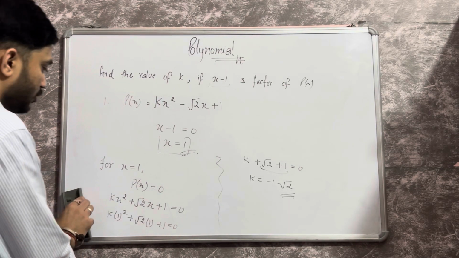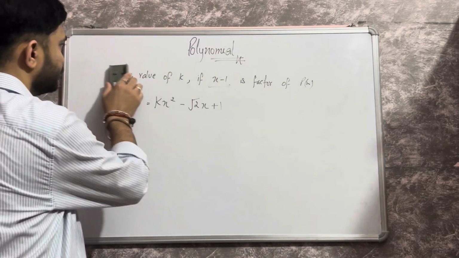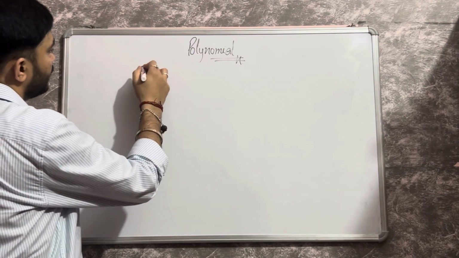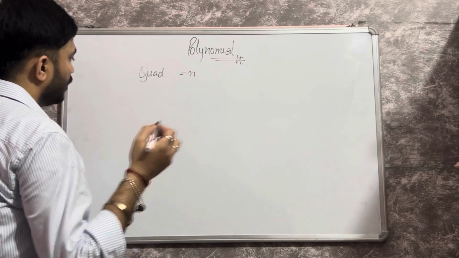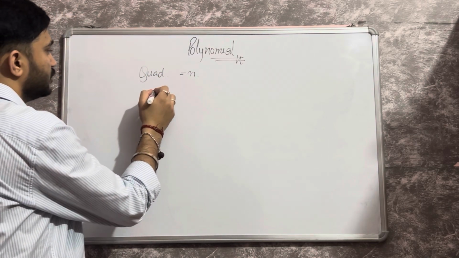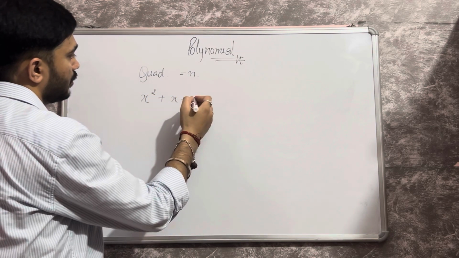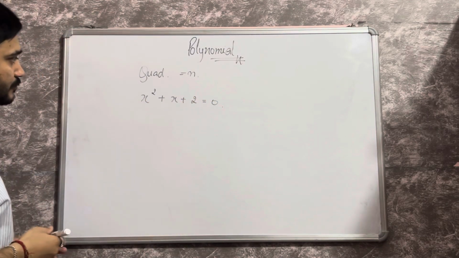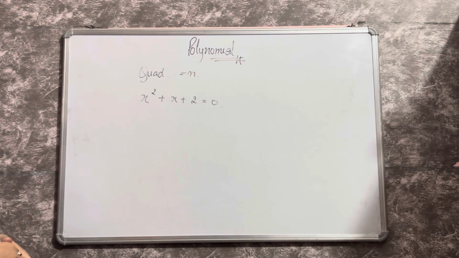Now we are going to solve some questions of middle term split. Firstly, what is a quadratic equation? A quadratic equation is an equation which has degree 2 in it. Here the maximum power of the variable is 2, so it is a quadratic equation.